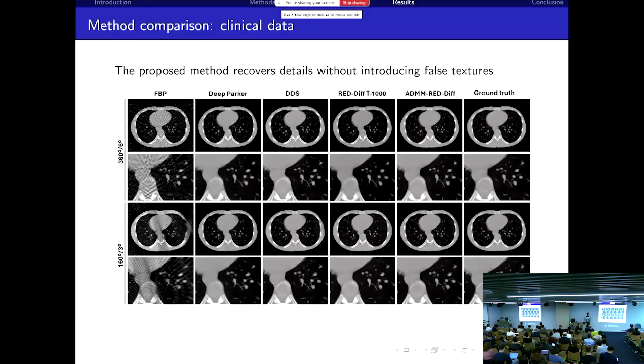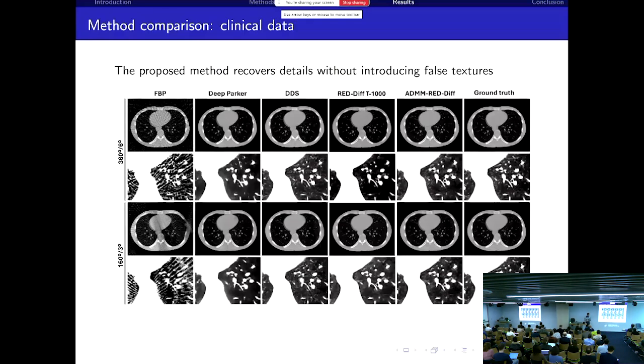Okay, so let's start by analyzing results on the clinical images. If we adjust window width and window level, so the intensity and the contrast of our images, as is usually done in veterinary practice, or in general in all practices, we can observe that DDS, although it provides the nicest looking images, is actually introducing false textures within the lung, slight hallucinations that we don't really want.